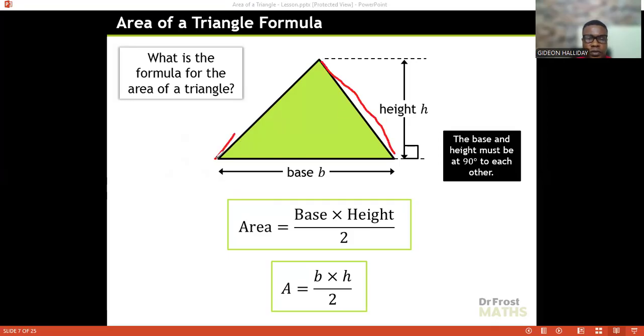You're not using this line as the height. You're measuring from here to the base. From the top, the peak here, to the base, that's the height. So you can see here, right? That's the height, showing how tall the triangle is.